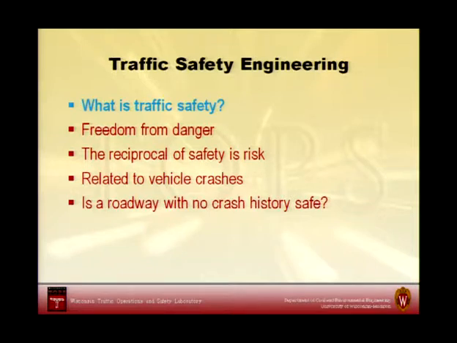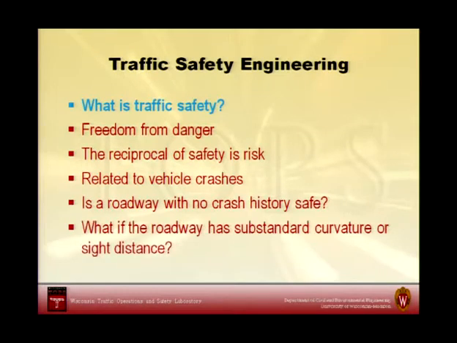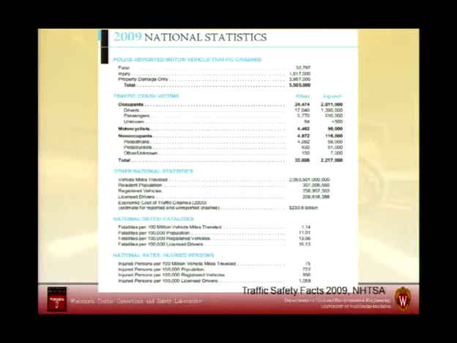And I think we would all answer that question, or we probably all know locations that are substandard in curve, substandard in sight distance, that we know that there is a safety issue there, but because drivers have changed their behavior to some degree to accommodate those substandard conditions, we tend not to worry about these as much as the other high crash related locations. So keep this in the back of your mind, and we'll come back and visit this a little bit and see what you think about dealing with these types of situations.